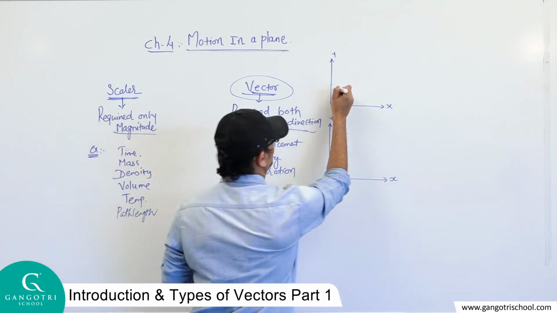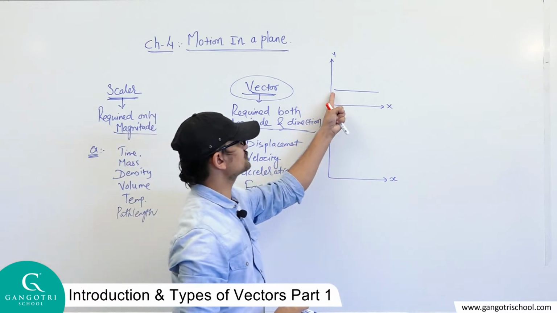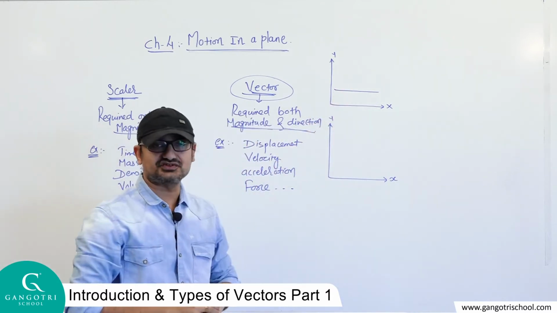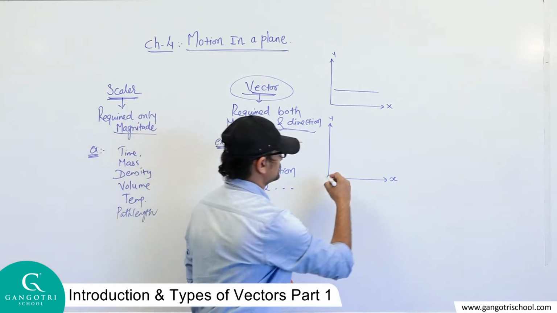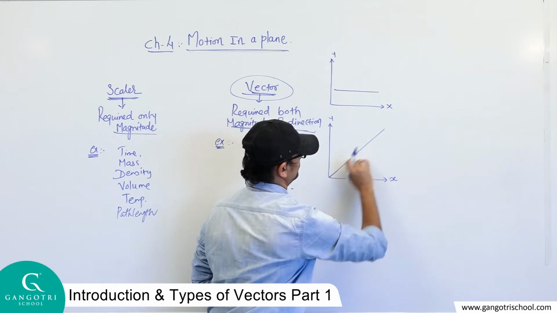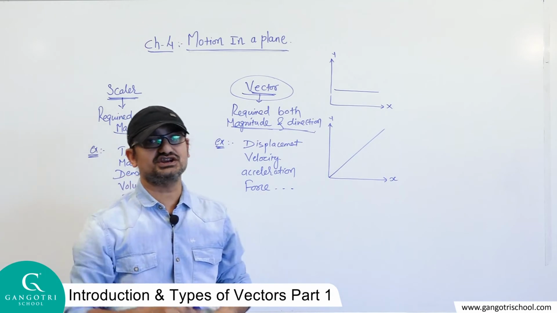For example, if any object performs the motion on this line, look at that, the line is a straight one, no doubt. Here also, suppose one particle performs the motion on this line. So in both diagrams, the line is a straight one.